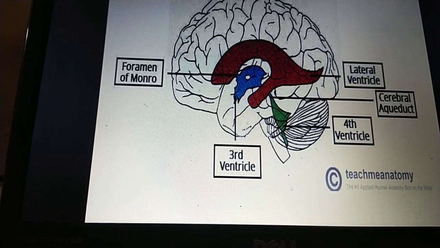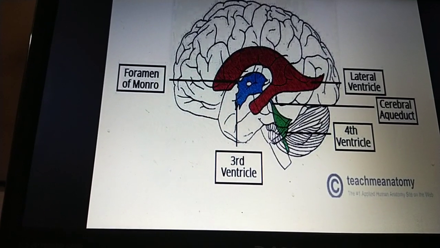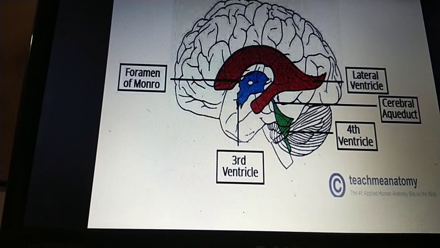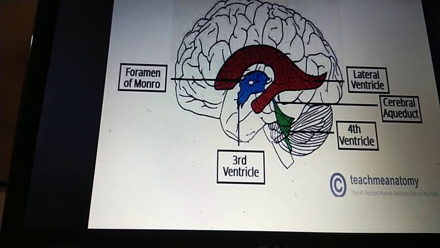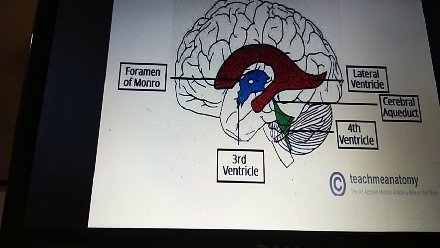The ventricular system is composed of two lateral ventricles, the third ventricle, the cerebral aqueduct, and the fourth ventricle.